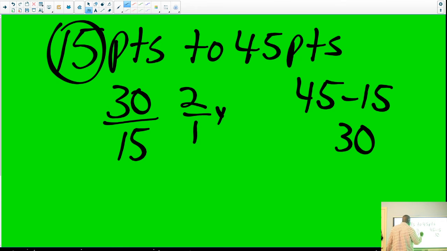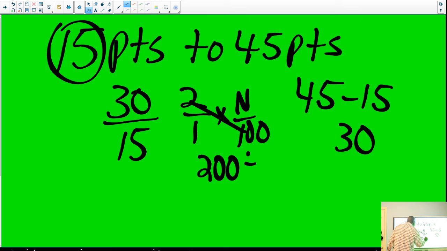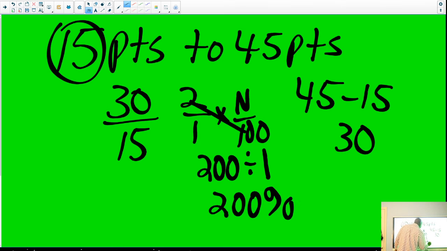And if you want to use that n over 100 thingy, that'll be 2 times 100 is 200, divided by 1, it'll give you 200%. I cross multiply 2 times 100 is 200. Divide by 1, 200%. From 15 points to 45 points a game, that's a 200% increase, baby.